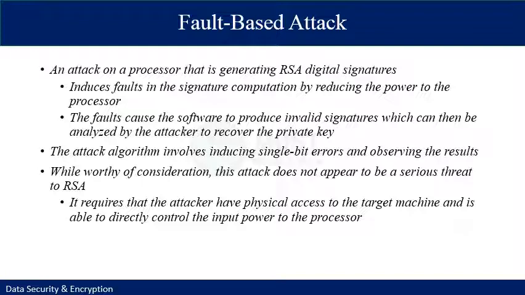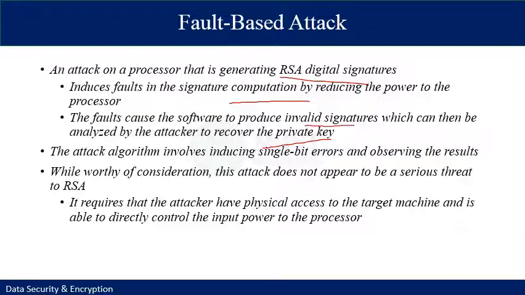Still, there is another unorthodox approach to attacking RSA, and it is a fault-based attack. It is an attack on the processor that is generating the RSA digital signature. It induces faults in the signature computation by reducing the power of the processor. The faults cause the software to produce invalid signatures, which can then be analyzed by the attacker to recover the private key.